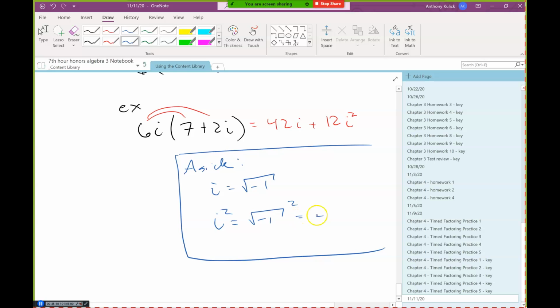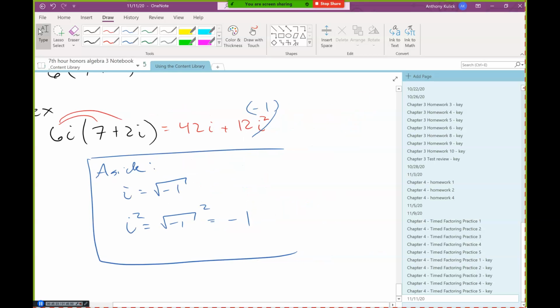The squared cancels the square root, so i squared should just be -1. Everybody buy that? Okay, so all we'll do is we're going to replace that i squared with a -1. So really I have -12 plus 42i. Everybody okay there?